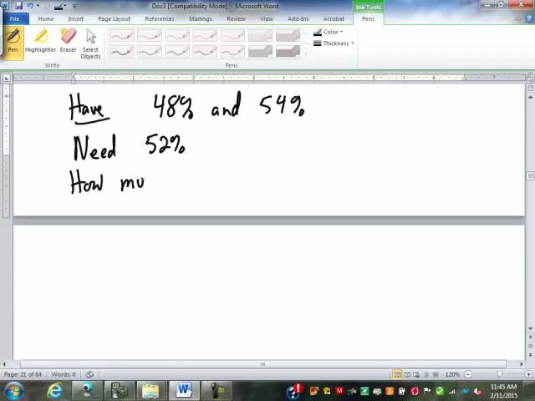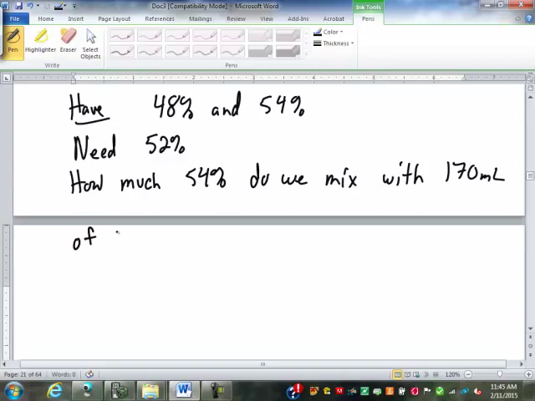So the question is, how much of the 54% do we mix with 170 milliliters of the 48% to get that desired 52% solution?